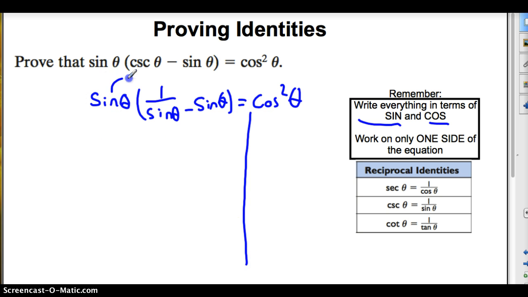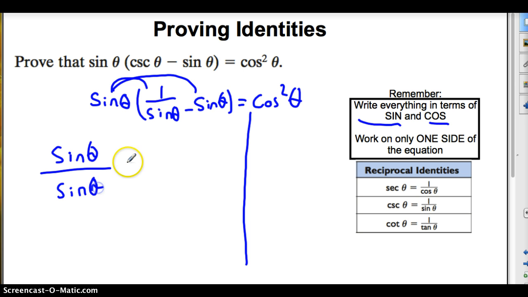Now we got to distribute. So this times this and this times this. So what we get when we distribute is, well, sine theta times 1 over sine theta is sine theta over sine theta, minus, well, sine theta times sine theta is sine squared theta. Okay, and as we know, this is equal to cosine squared theta.